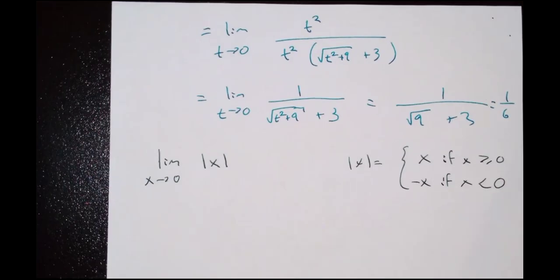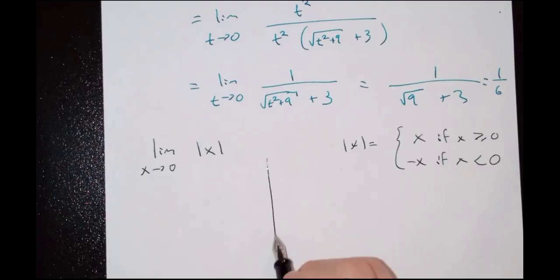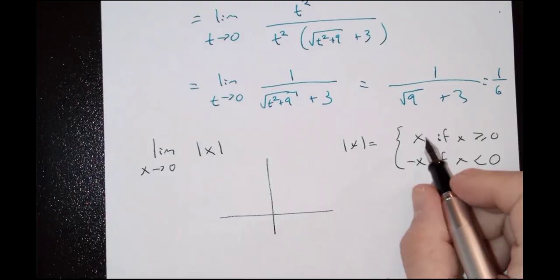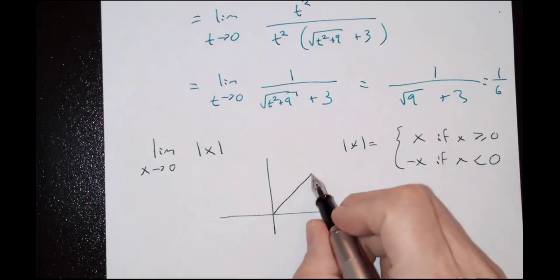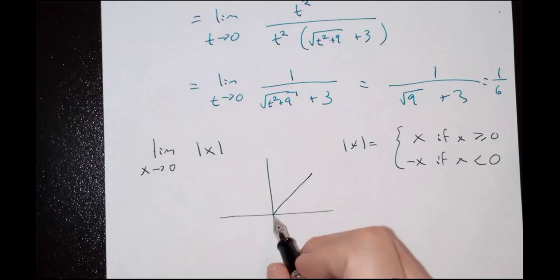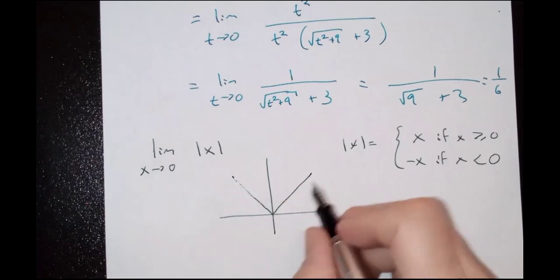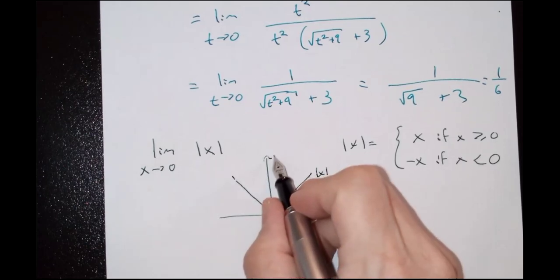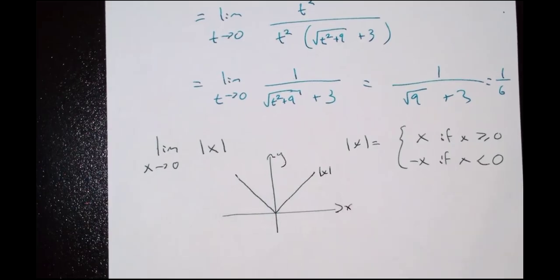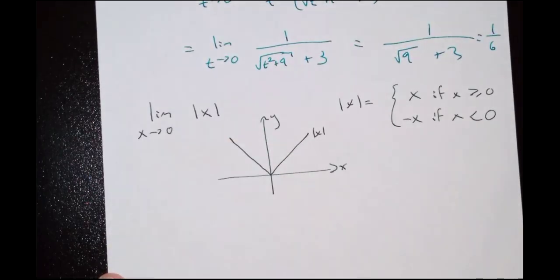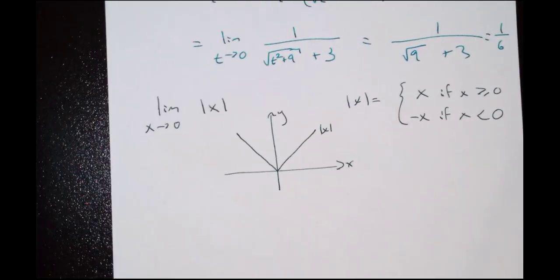There's a lovely visual for this. If I graph the function the absolute value of x, I'm graphing a line on this side with slope 1. I'm graphing a line on this side with slope -1. So, if I think of this limit, what do I get as x gets closer and closer to 0?